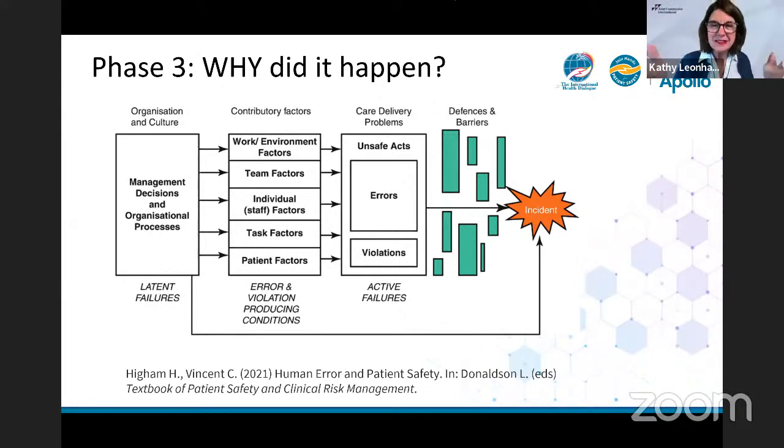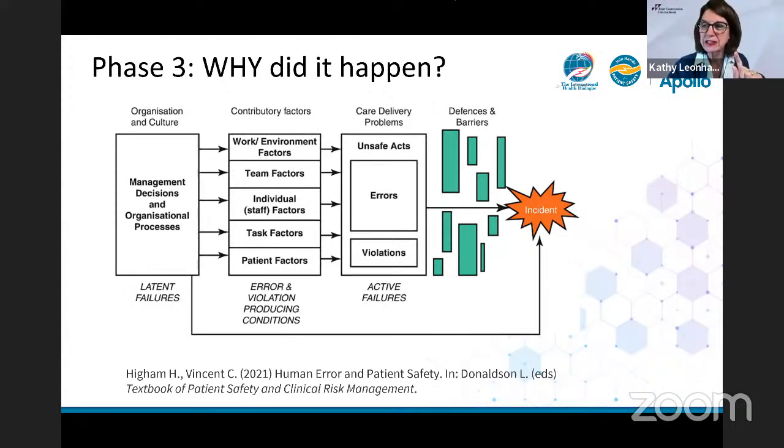The next column, moving further to the left, is what was called the care delivery problems. This is the human performance of delivering care. This is the staff actually performing the work. And why I like this diagram is those staff performing the work, their errors are often described as 3 behaviors that lead to human error.